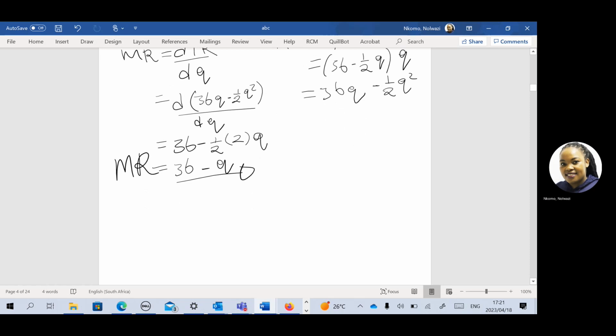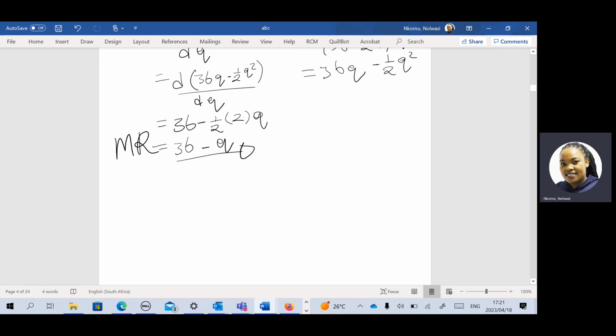Suppose we are asked to find the marginal revenue after 16 units have been sold. You have the marginal revenue equation. You just have to substitute your 16 where there is Q, the quantity.